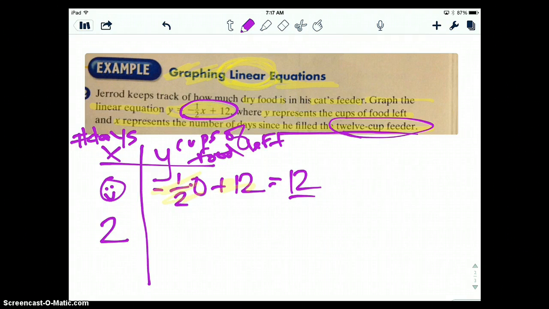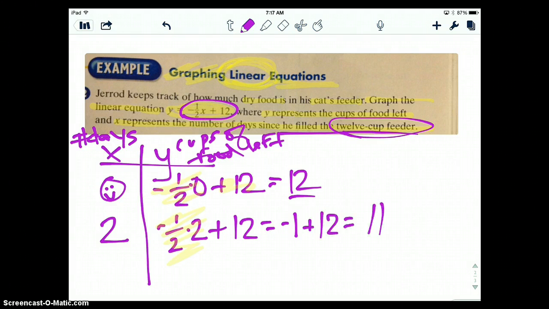And I could even step it up into another multiple that would go into a half, which would be 4. But let's go ahead and plug in 2 days later for x. And when I do that, -1/2 times 2, that's going to be a negative number. Half of 2 is 1, so -1 plus 12, and I'm at 11.